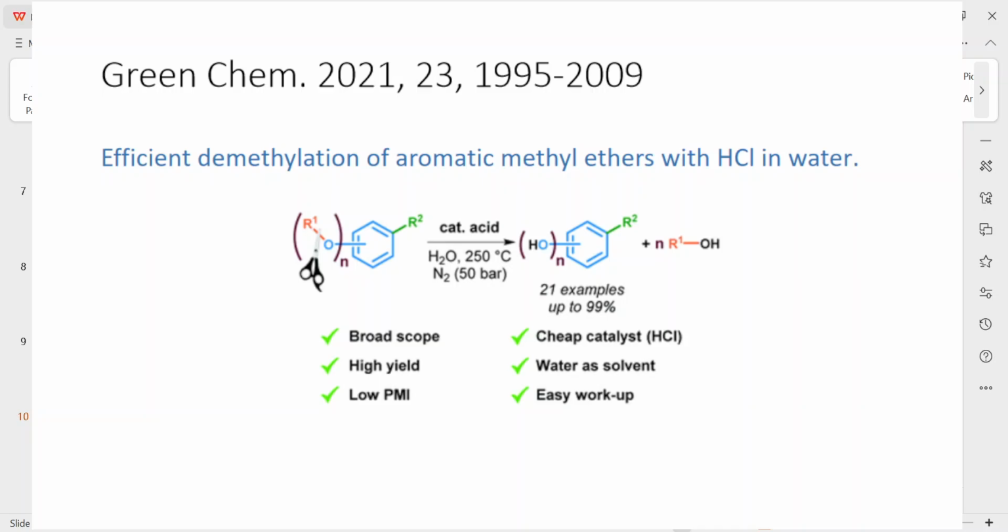The conditions are 250 degrees centigrade and pressure is 50 bar. It is not a very easy approach, though it looks like a cheap procedure, but it is not going to be an easy thing to do at the plant.